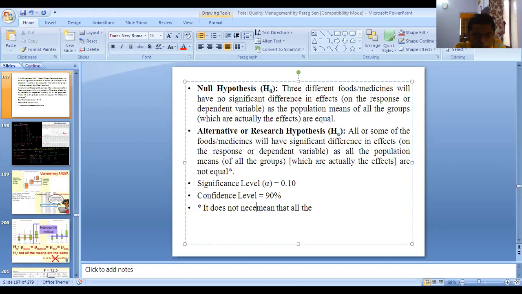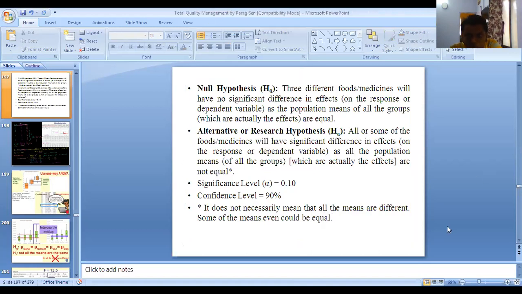It does not necessarily mean that all the means are different. Some of the means could even be equal. Okay, now I'm saving it.